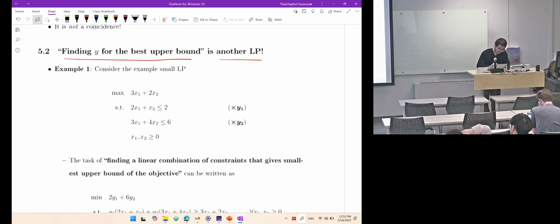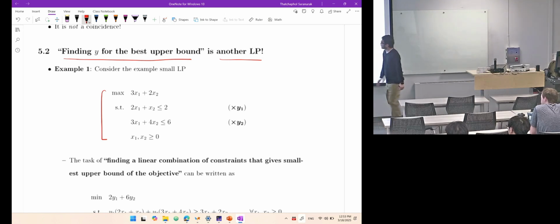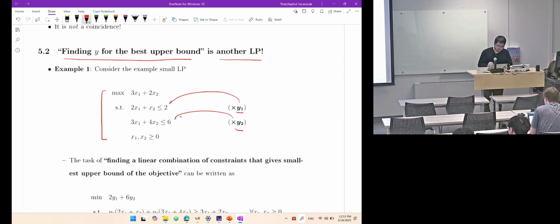So look at this example. You have an LP. You want to find the best linear combination of constraints that gives the smallest upper bound. So let's try to write this mathematically. I introduce y, try to multiply it here to here.